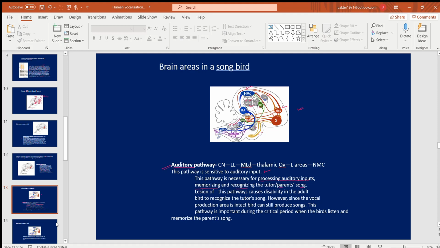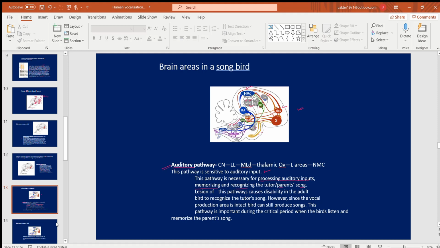Okay, and deletion of this pathway causes disability in the adult bird to recognize the tutor's song. That experiment at the beginning I showed you the histograms. Remember the behavioral studies, sham lesion and lesion groups, and how that affected the behavior or response to the tutor's song or novel songs, non-tutor songs.